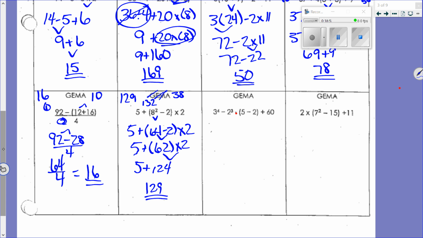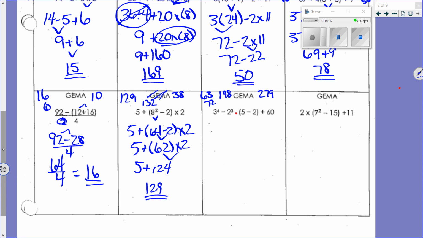Okay, our next one. Sarah? 63. Anything else? 198, thank you. Dylan? 179? 279. Yes. 72?